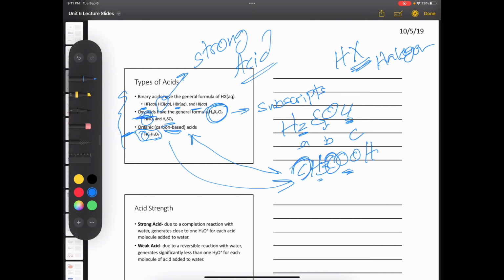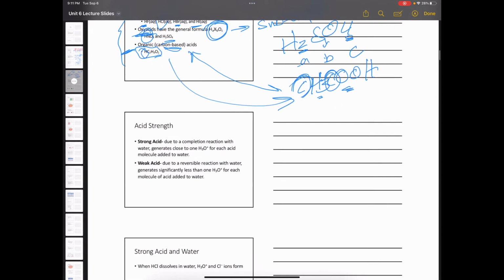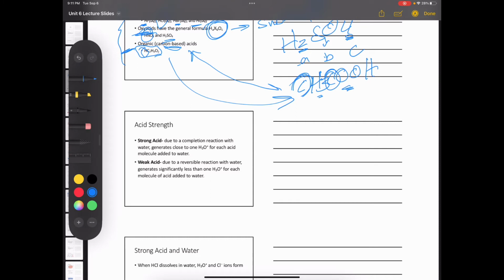So the acidic hydrogen is often written in a way to indicate that this is a different hydrogen than the other hydrogens in the molecular formula. Okay, and I believe we'll talk about this as we get close to the end of the acid part of this unit.